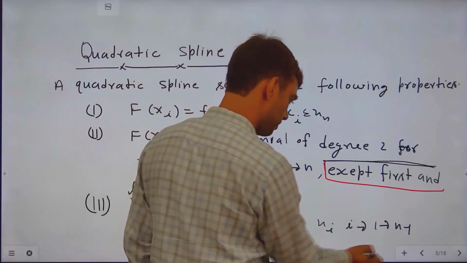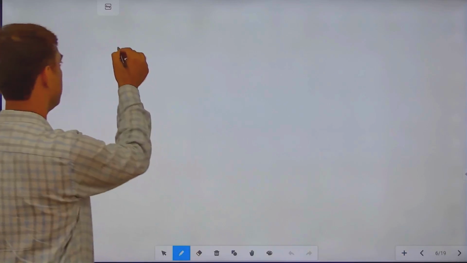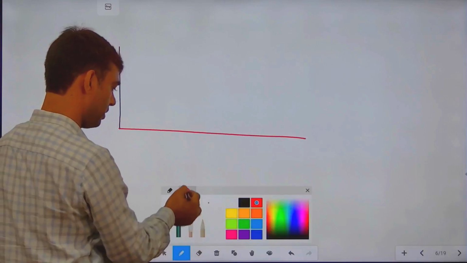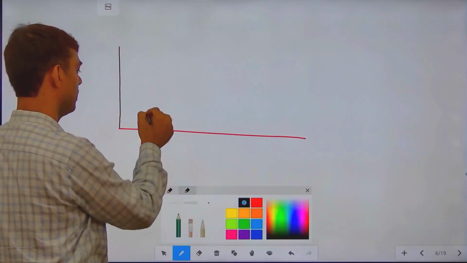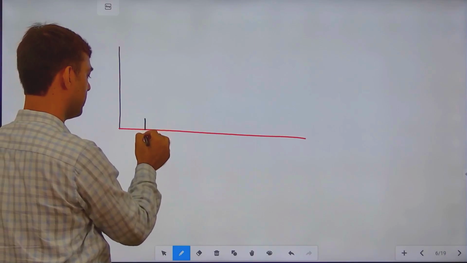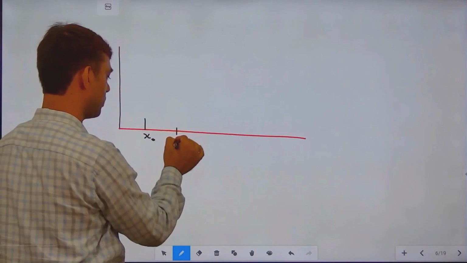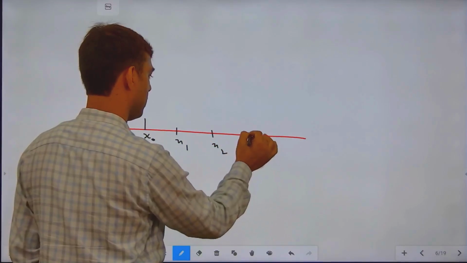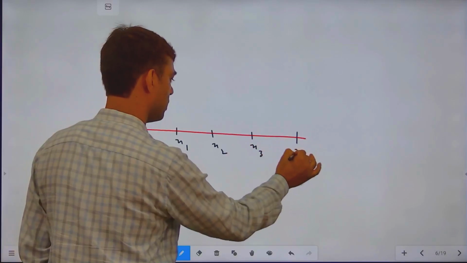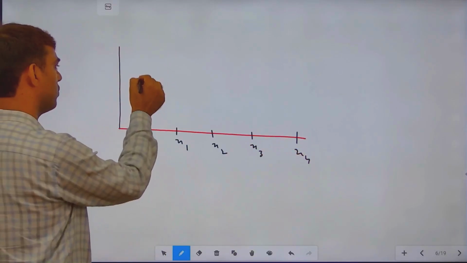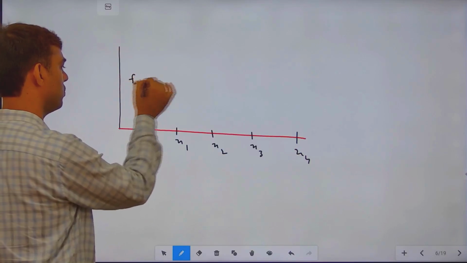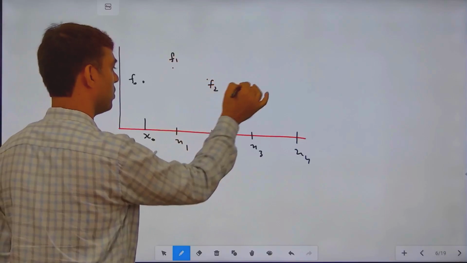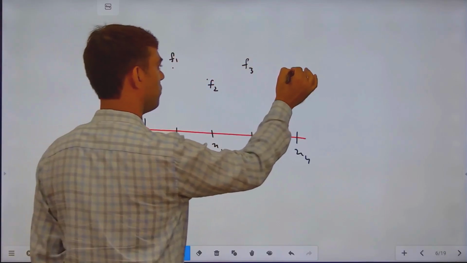If we try to fit a quadratic spline, suppose there is x0, x1, x2, x3 and x4 with corresponding values f0, f1, f2, f3, f4.